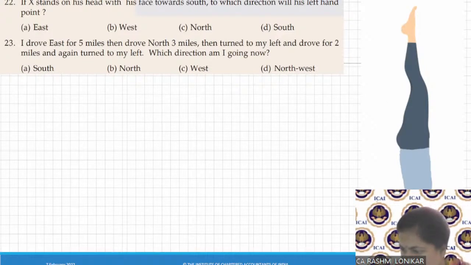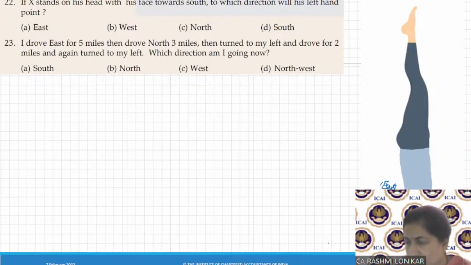So obviously this will be north. So this is his left hand. So if this is south, this is north, this will be west, and this will be east.